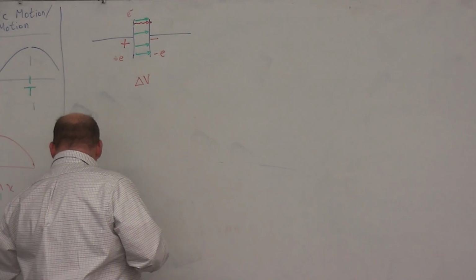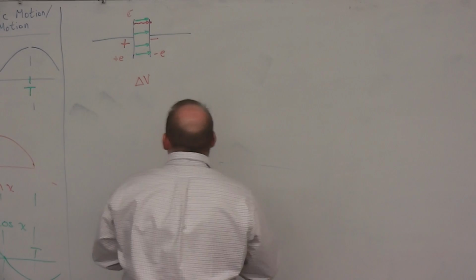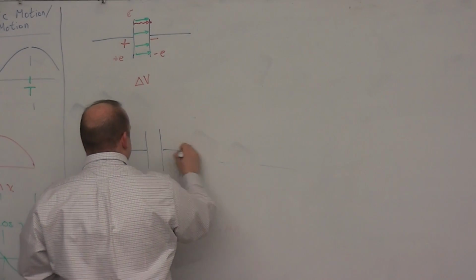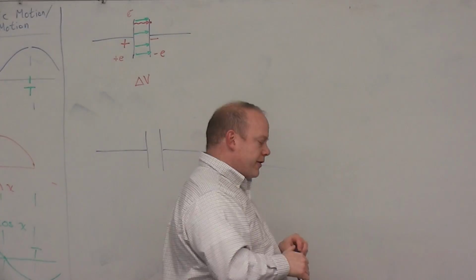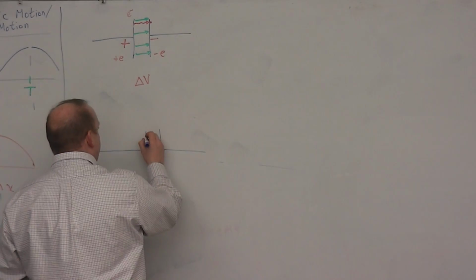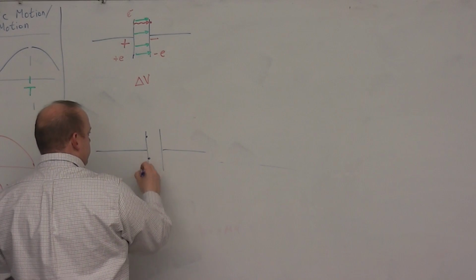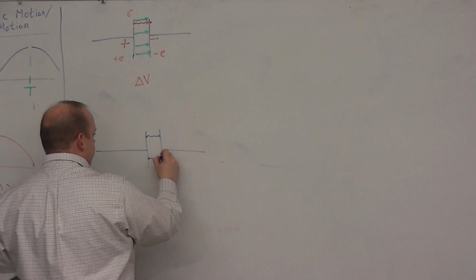Now, let's say same plates. We put it back to normal, back to neutrally charged. There's no delta V. There's no charge on the plates. But now, instead of taking one electron, I take two electrons. One electron goes over here, another electron goes over here.